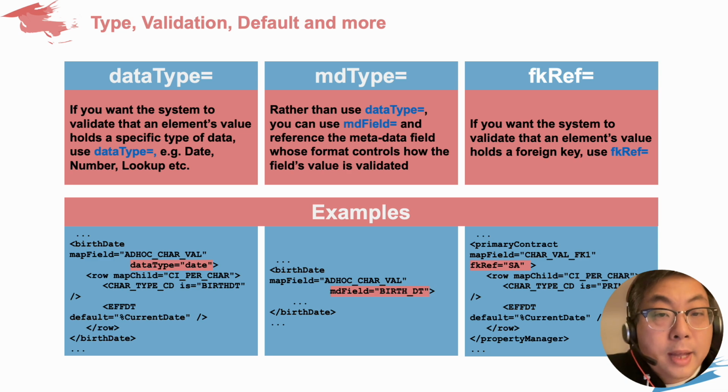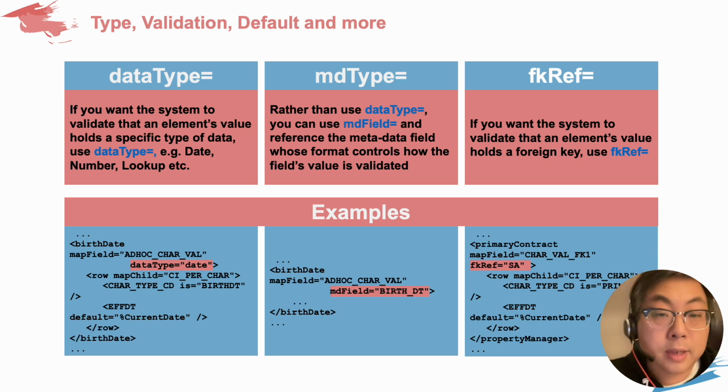The last one is the FKREF. So FKREF is basically a foreign key reference. In that case, let's say this one is the primary contract and it refers to a service agreement. To make sure the reference is valid, we use this FKREF to add an additional layer of validation.